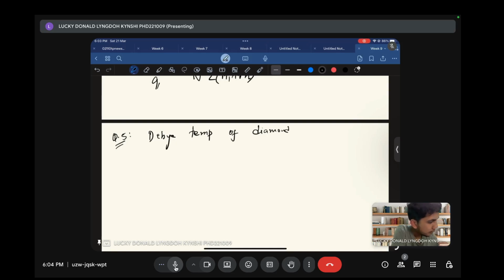Calculate the mean velocity of sound in diamond.